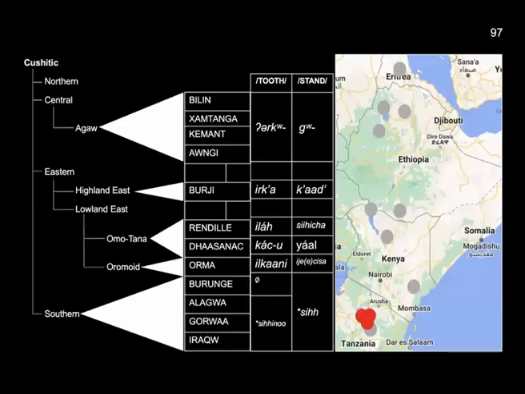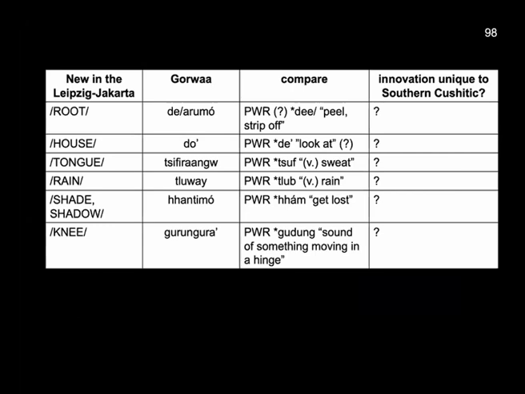That is, all of the new forms in this sample would have to be analyzed against data from wider Cushitic to see if the innovation was earlier than Southern Cushitic, as well as the direction that the semantic shift was in. For those of us interested, however, here are some additional pairs which I found during the exercise.